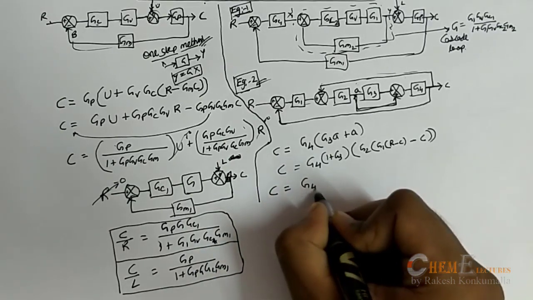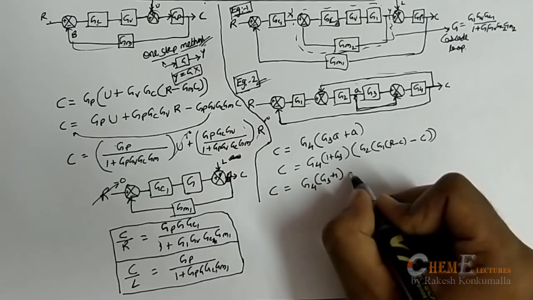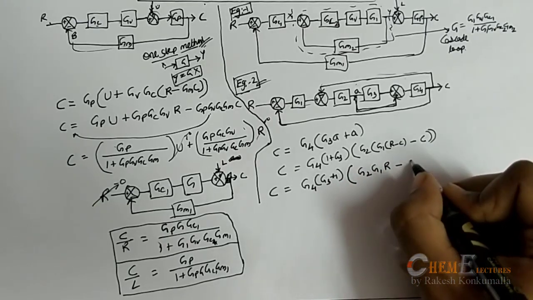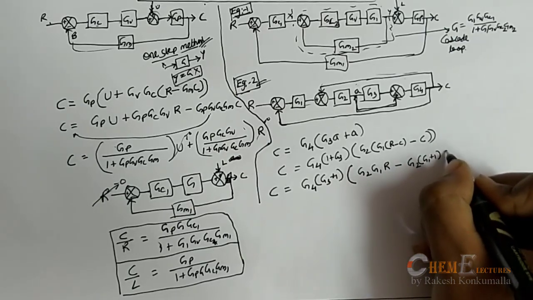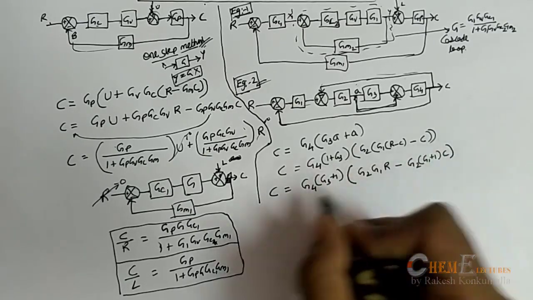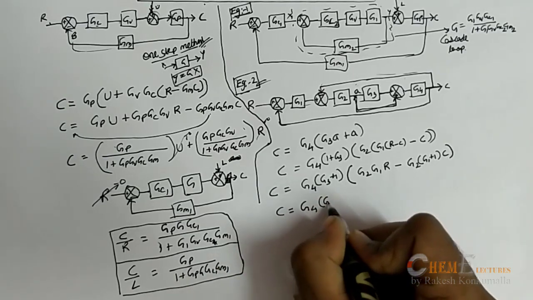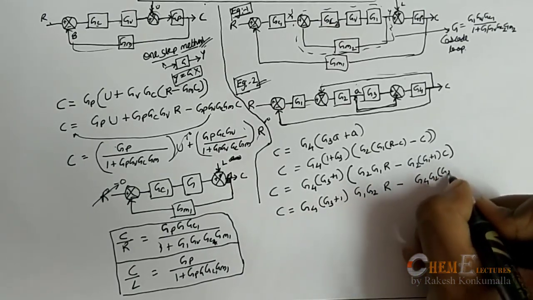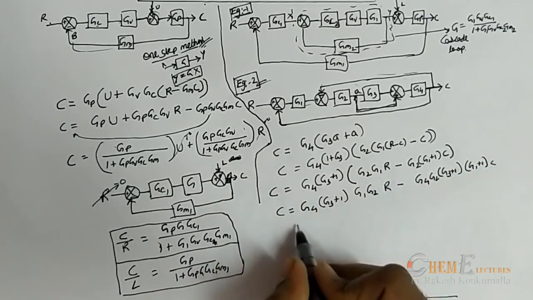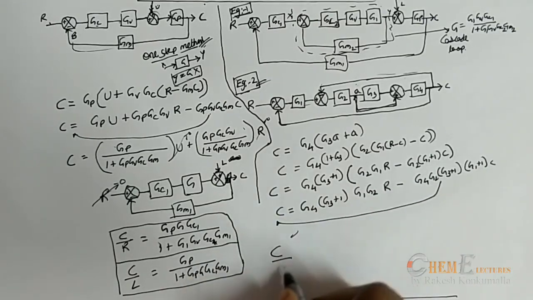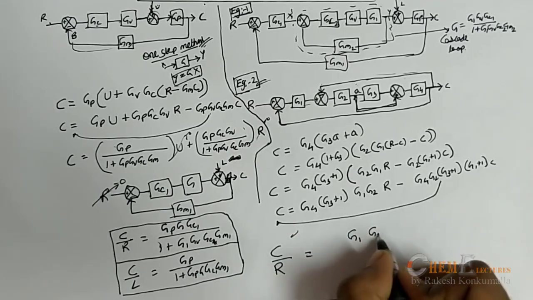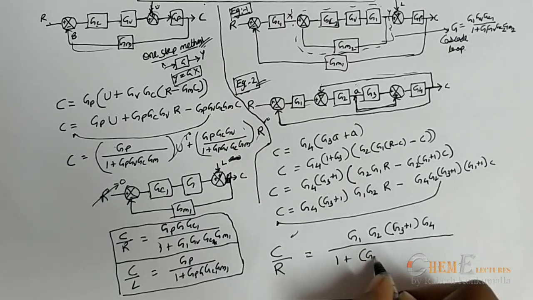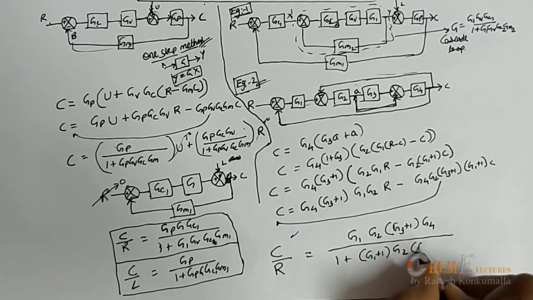C is equal to G4 into G3 plus 1 into G2 G1 R minus G2 G1 plus 1 into C. Now C is equal to G4 G3 plus 1 G1 G2 R minus G4 G2 G3 plus 1 G1 plus 1 into C. Now if you take this to the left hand side, C by R is equal to G1 G2 G3 plus 1 G4 by 1 plus G1 plus 1 G2 G3 plus 1 G4.